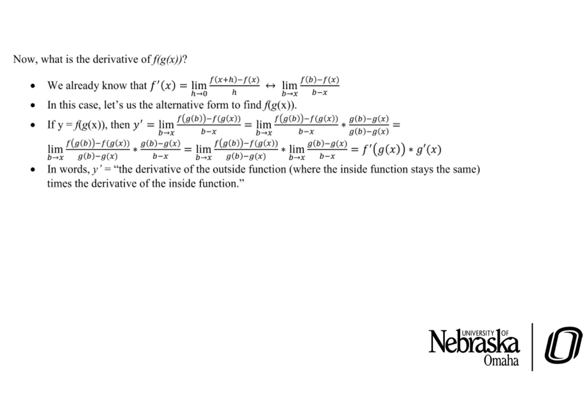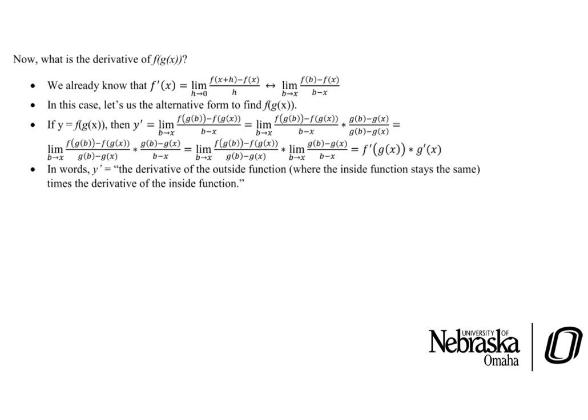Okay, so now what is the derivative of f of g of x? So again, this is calculus, right? So we know we're going to want to talk about derivatives and limits. So we already know that the derivative of f of x is the limit as h, this is most commonly what we're going to use, the limit as h approaches 0 of f of x plus h minus f of x over h.